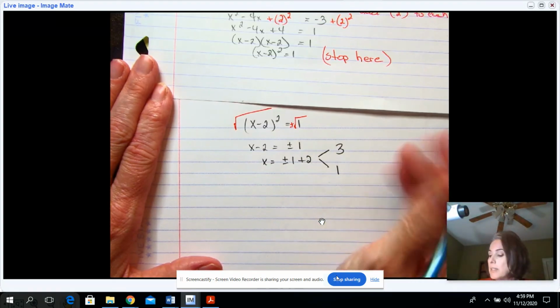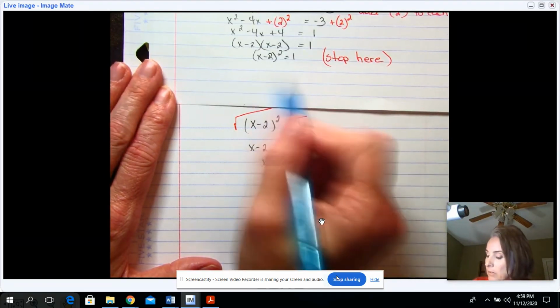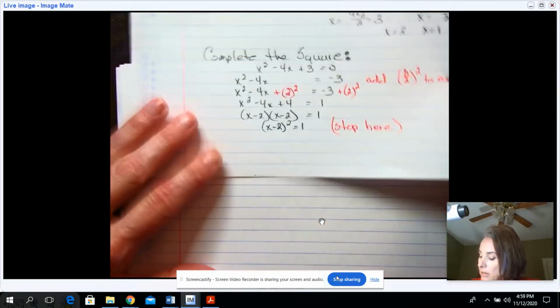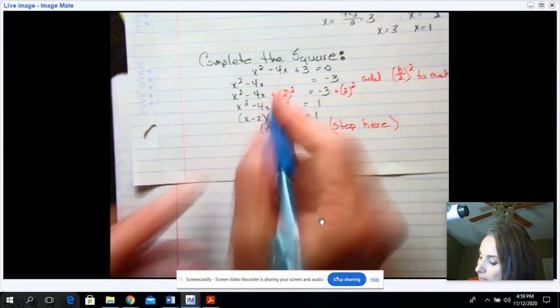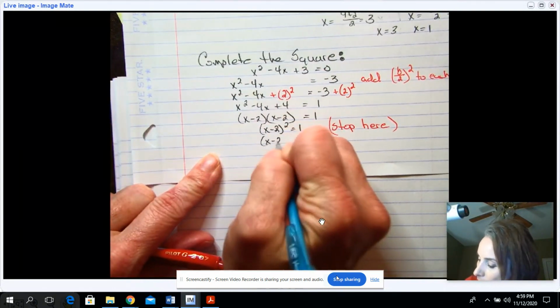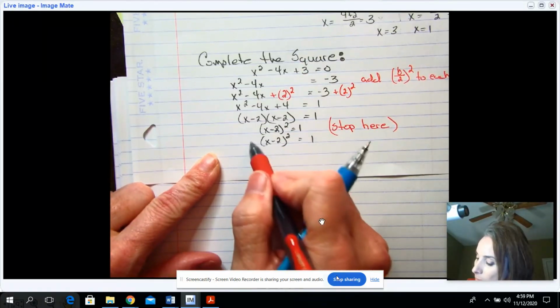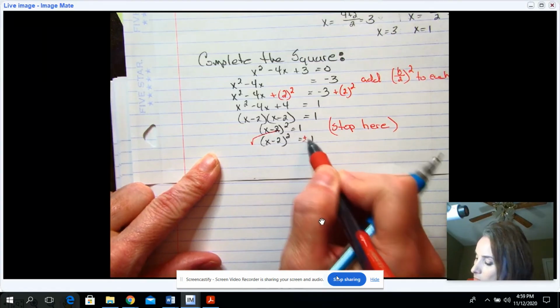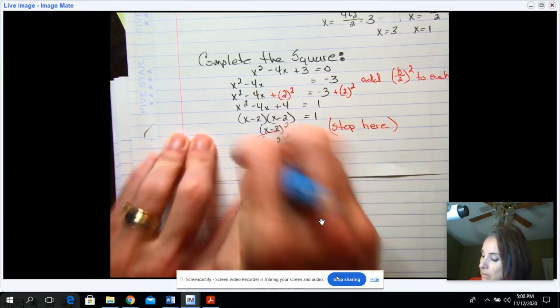So just so you can see, we'll go ahead and write that on there. It's enough room, but here we're going to stop on both sides. So again, you will take the square root and you'll have your plus or minus the square root of 1. So you're going to get x minus 2. You don't need the parentheses.